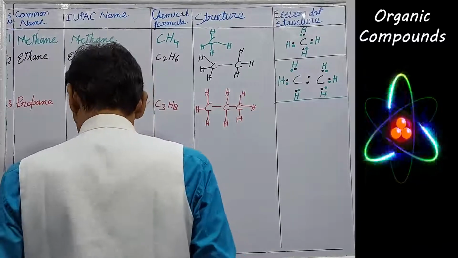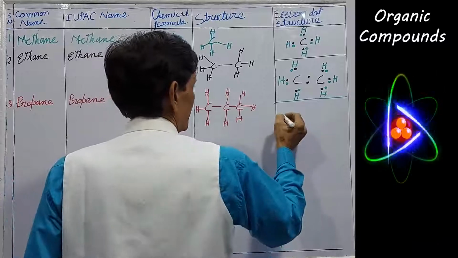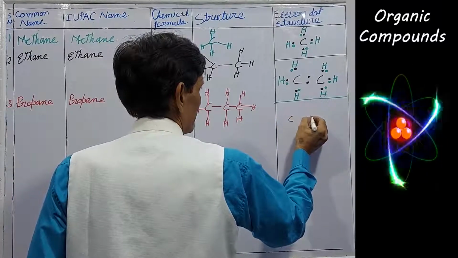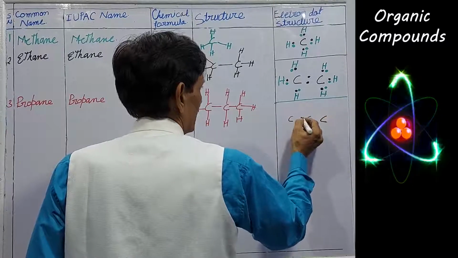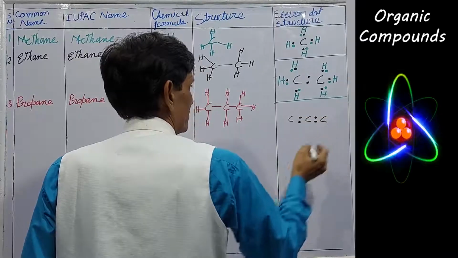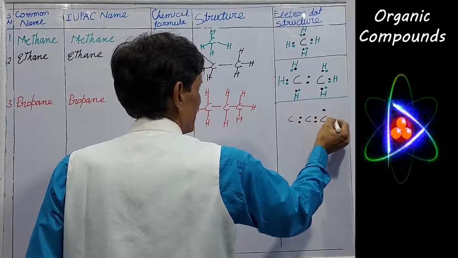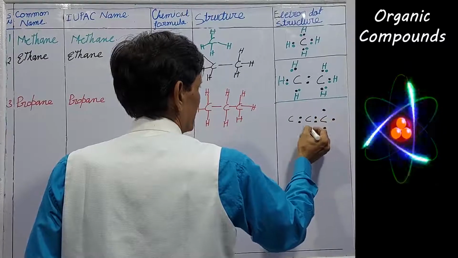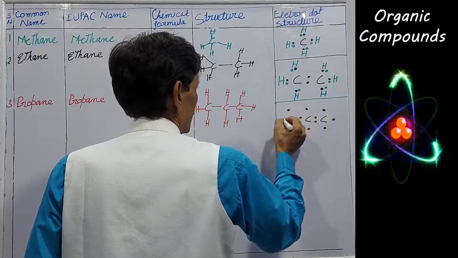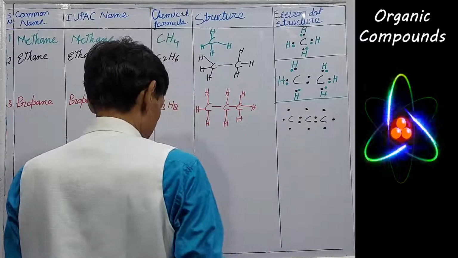For the electron dot structure, I am showing here the carbon atoms. Between the carbon atoms are shared electrons, and one pair each for the hydrogen atoms. Then for the hydrogen atoms, I have to show the electrons.